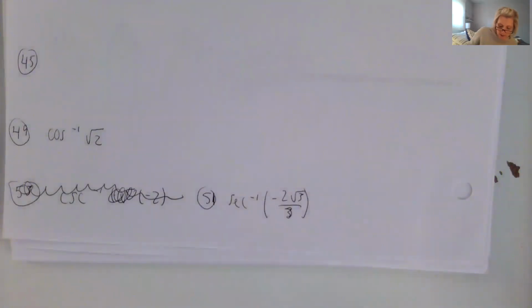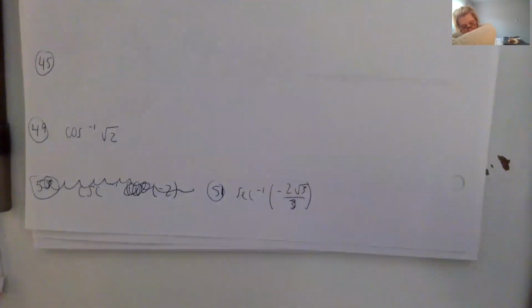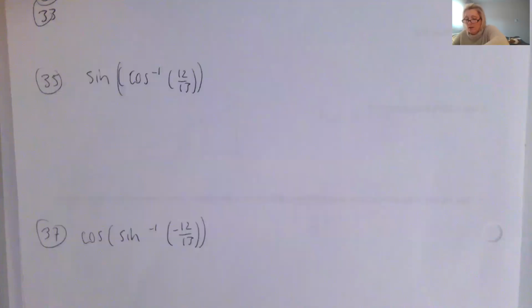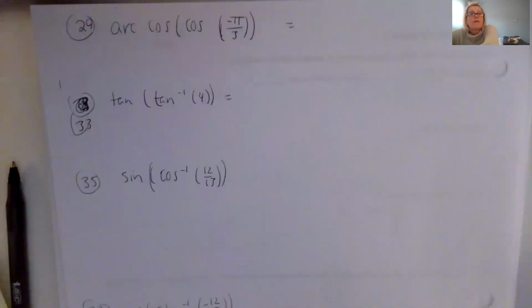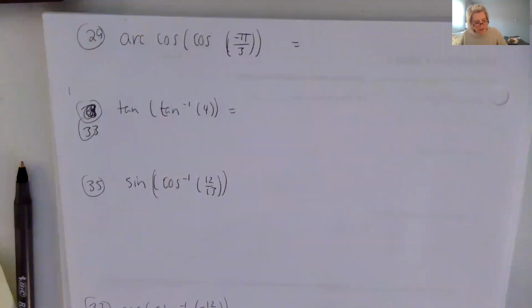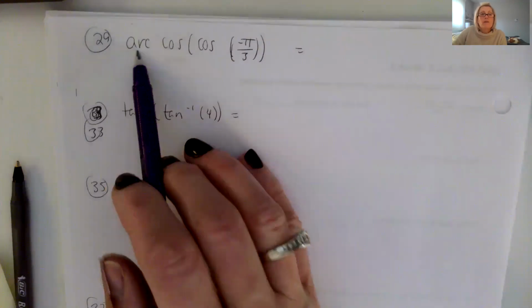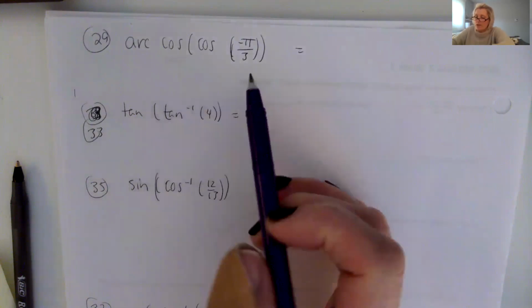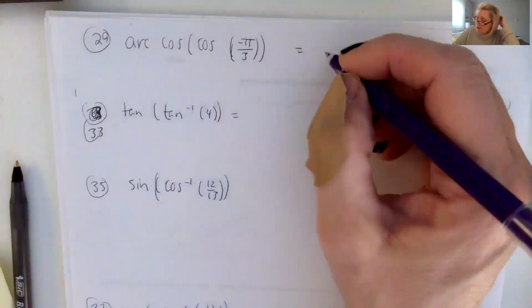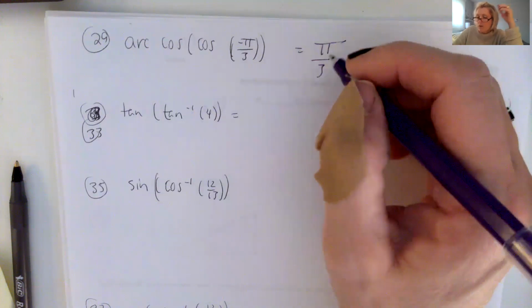Now, problems 29 through 38 are saying evaluate each trig function without using a calculator. So we're going up here to 29. And 29 says, find the inverse cosine or arc cosine of cosine. Well, they are inverses of each other. So it should just be pi over 3.